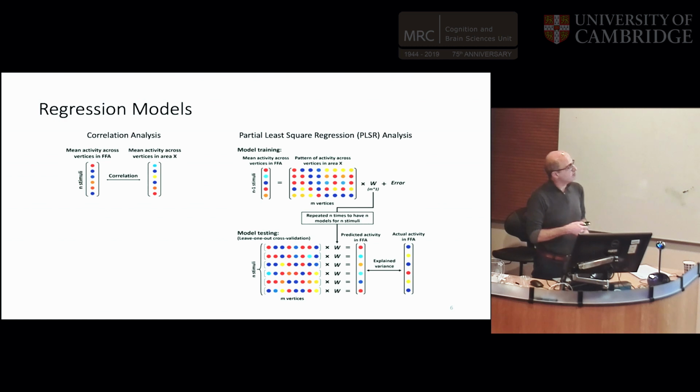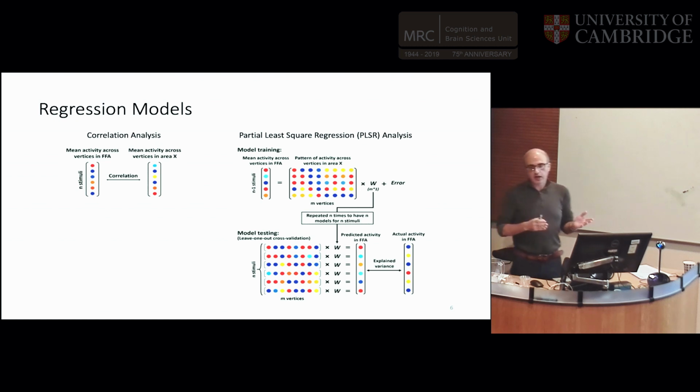So using this method, you basically try to find a few components, and then you use those components as independent variables. Instead of using individual vertices, you use those few components in your model. The idea is very similar to running a PCA, and then you work in a lower dimensional space.